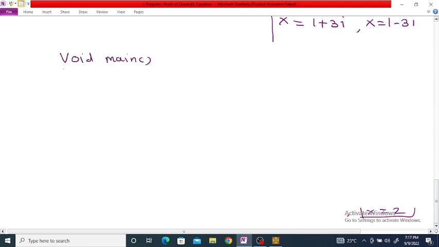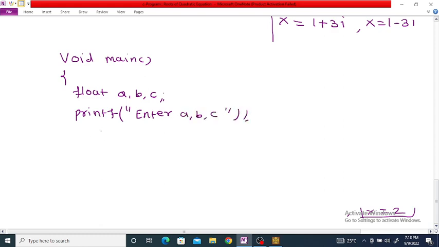So void main, then first we are going to declare float variables a, b, c. Then we are going to write a printf, enter the value of a, b, c, and then we are going to enter these by using the scanf with %f and a, b, and c.